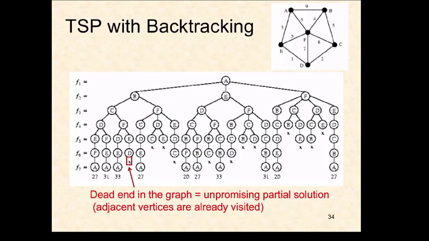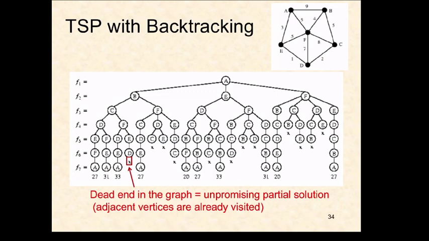So here's our TSP search with backtracking. This is no branch and bound. This is no optimizing yet. There's no pruning due to optimality here. This one just has branches that we eliminate because there's a dead end.